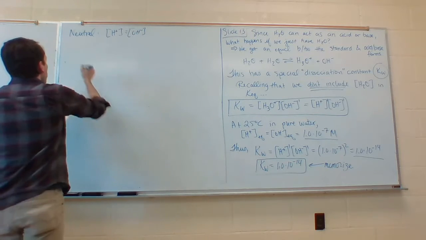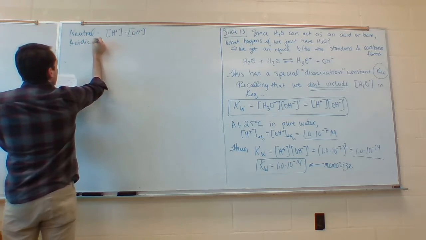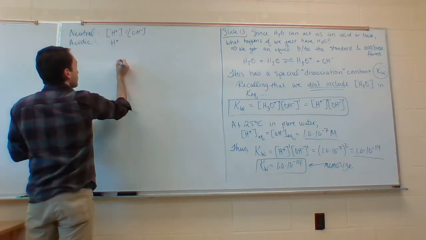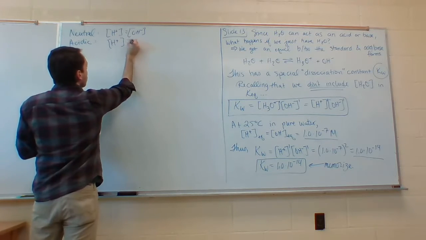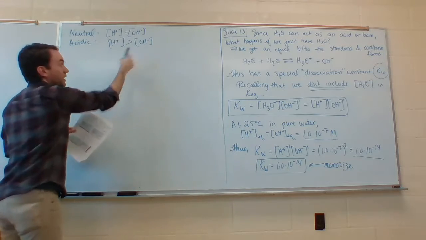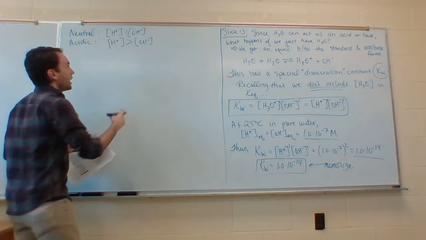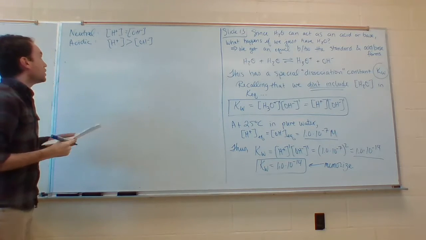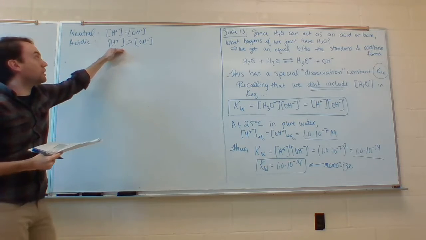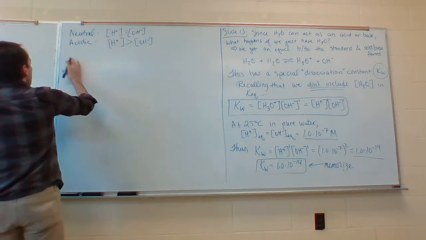Now, if we have an acidic solution, that means that we're going to have more H plus in solution than we do OH minus. It's going to be more acidic than it is basic. We often associate H plus with our acid, and OH minus with our base. So if it's more acidic, we'll have H plus concentration greater than OH minus concentration at equilibrium, okay?